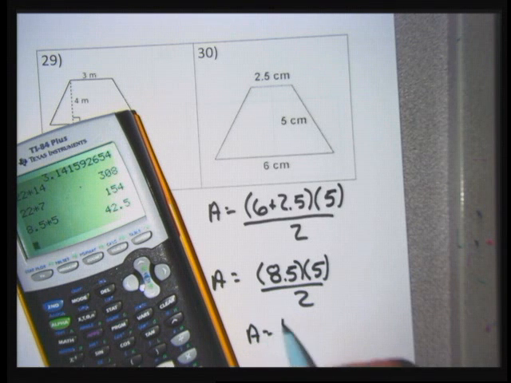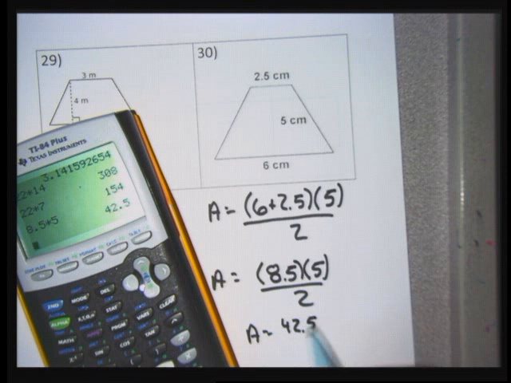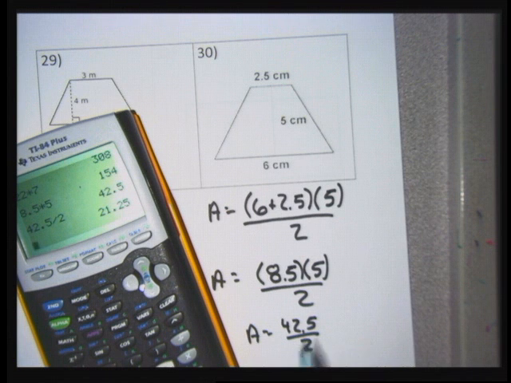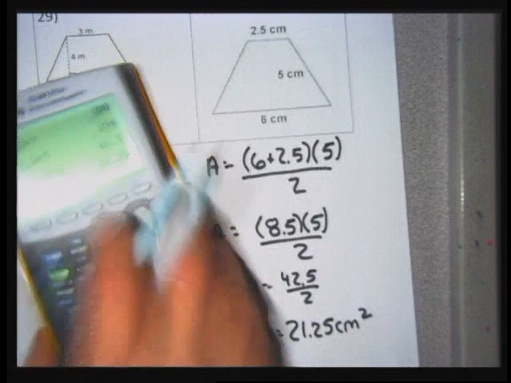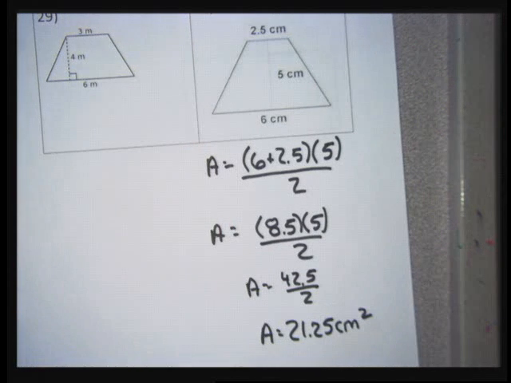So I get 42.5 over 2, which is 21.25. And I'll put my units in, even though I didn't carry my units through my computation. I can put them in my answer because I know what the units are going to be. Your units are going to be square meters.